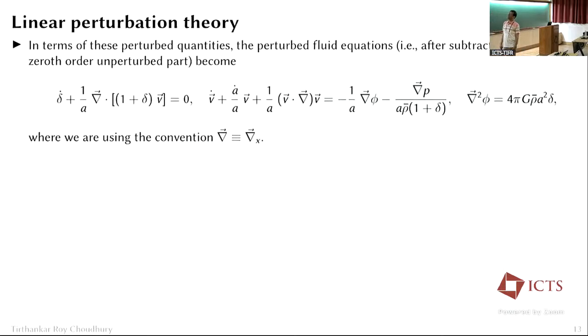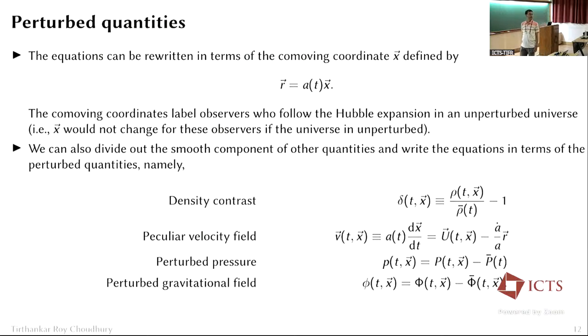You put these things back into those equations, and you will get something which looks like this. The details of the equations are not important, but the continuity equation now looks something like this. The Euler equation has become this one. The Poisson equation is this. And you see all sorts of a dot by a terms have appeared because we made this coordinate transformation.